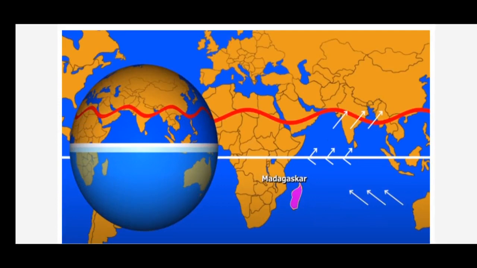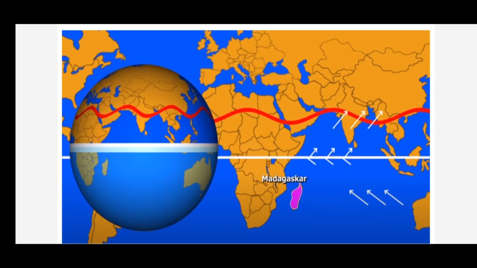And the source of these winds is what, children? The presence of a high pressure area in the east of Madagascar. As you all know, winds blow from a high pressure area to a low pressure area. So India is experiencing a low pressure area, and the east of Madagascar has a high pressure area.